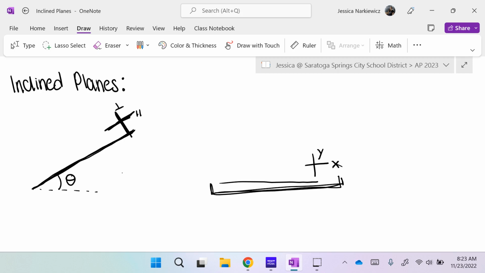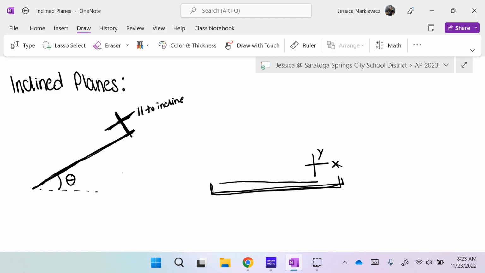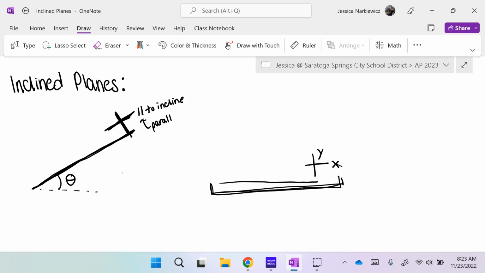We don't really want to call those directions x and y because x is synonymous with horizontal and y is synonymous with vertical. So when we're on an inclined plane, the directions that we deal with are parallel to the incline, and this symbol means parallel, and perpendicular to the incline.